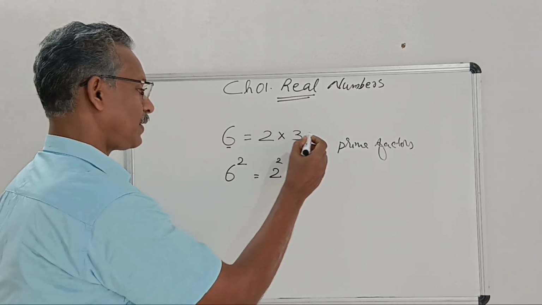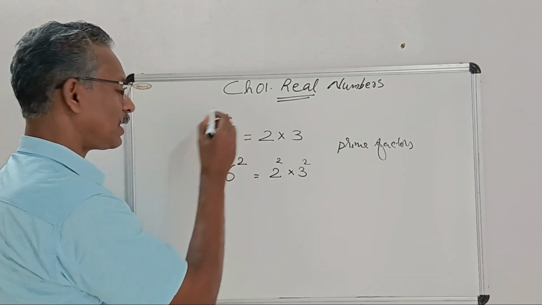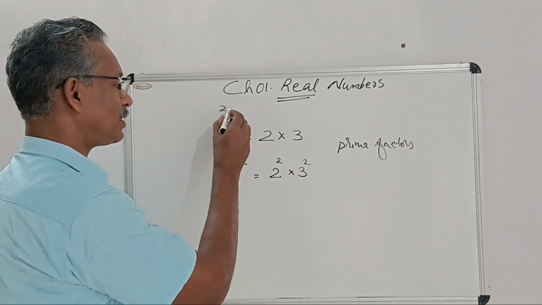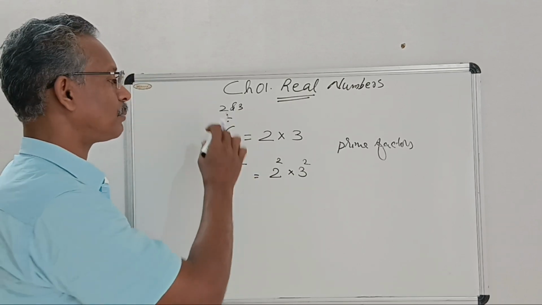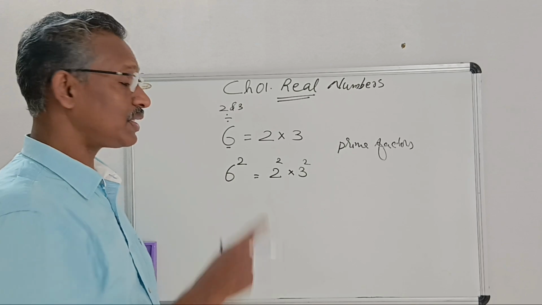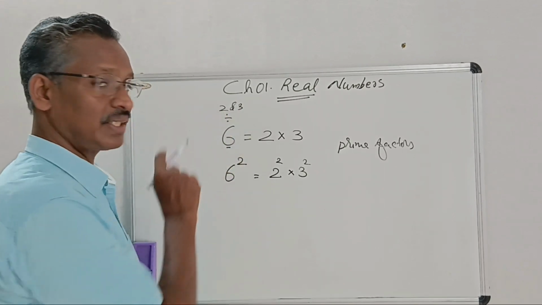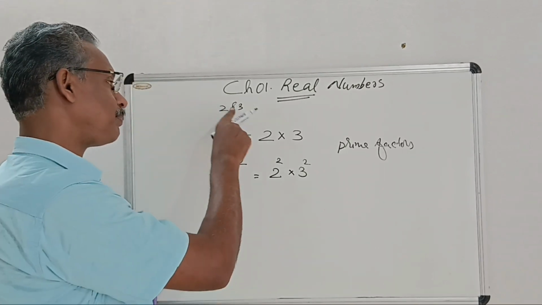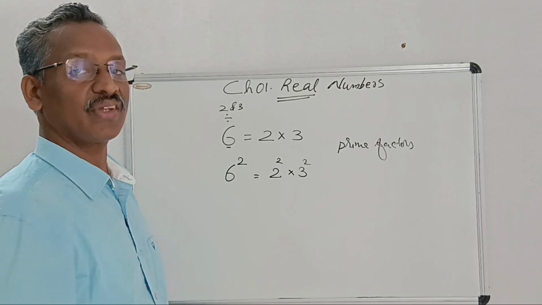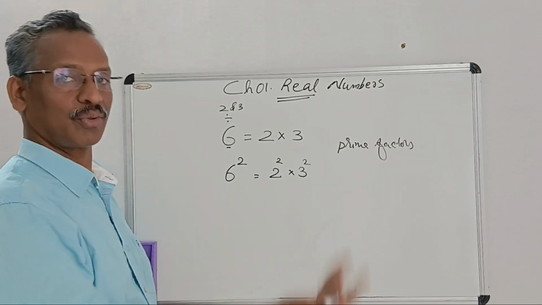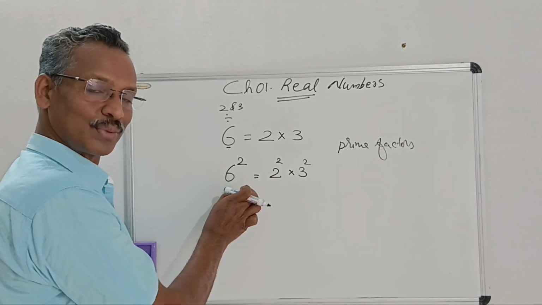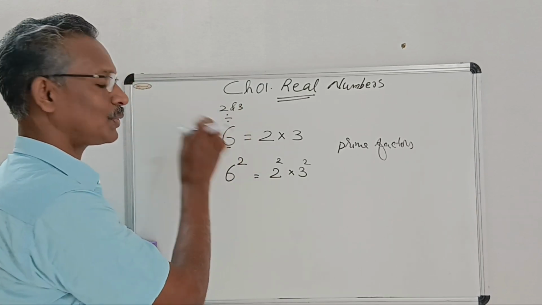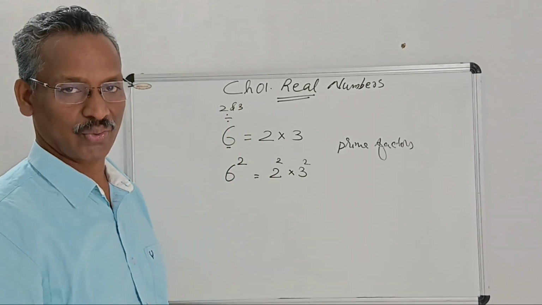So we can say 6 is divisible by the prime numbers 2 and 3. 6 square is also divisible by the prime numbers 2 and 3. So with which prime numbers you can divide 6, with the same prime numbers you can divide 6 square also, or we can say the opposite. With which prime numbers you can divide 6 square, with the same prime numbers you can divide 6 also.